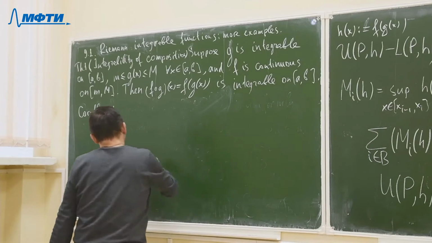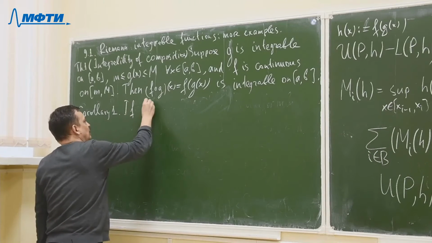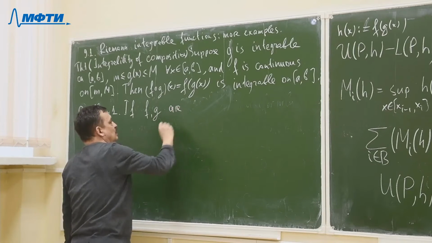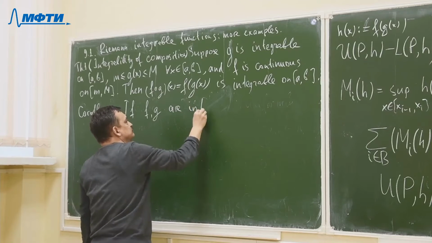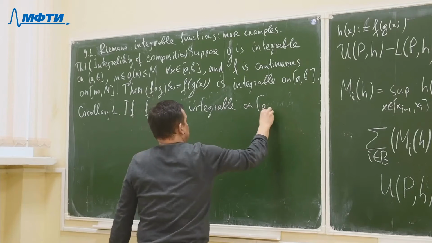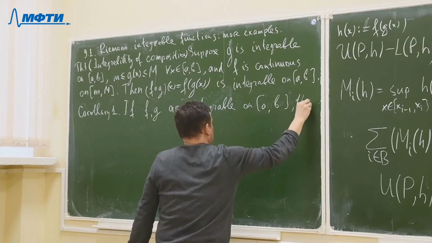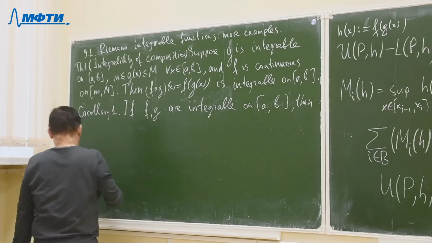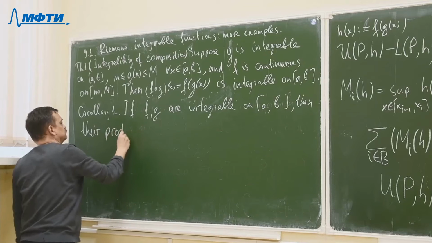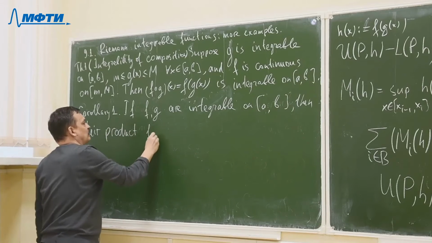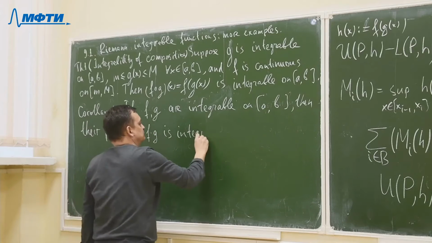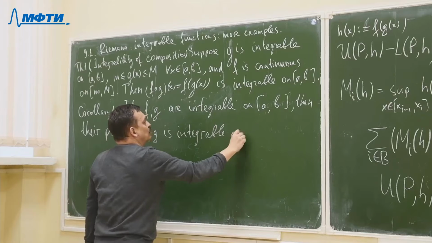If f, g are integrable on AB, then their product f times g is integrable on AB.